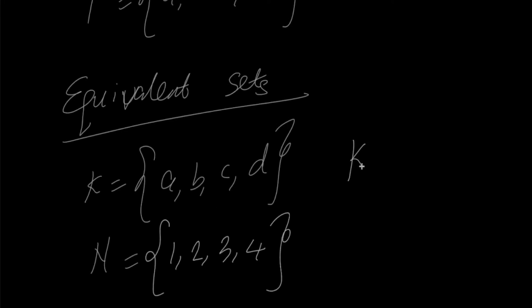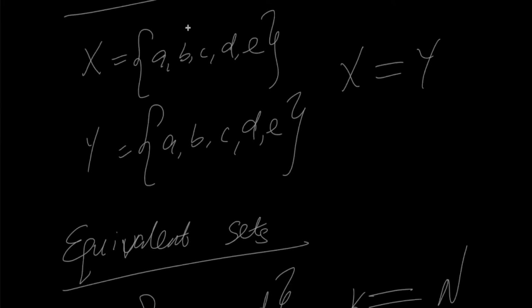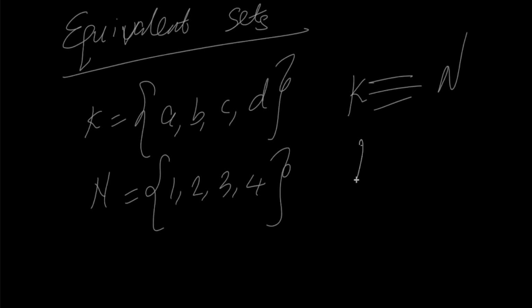Therefore, we say K is equivalent to N. For this one, it is exactly the same elements. We say they are equal. You can also say X is equivalent to Y. But you can't say that K is equal to N. It's not possible. You can only say they are equivalent. This is the difference between equal set and equivalent set. Hope this is understood. Thank you for viewing.